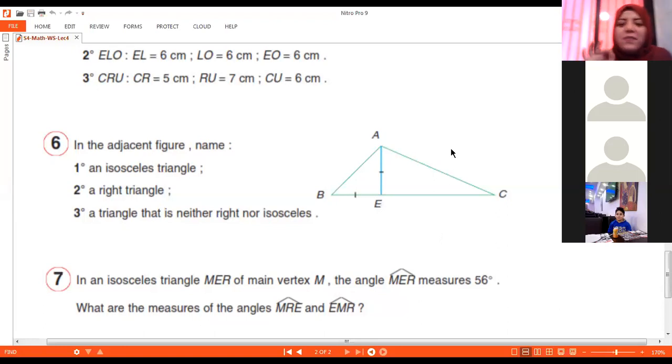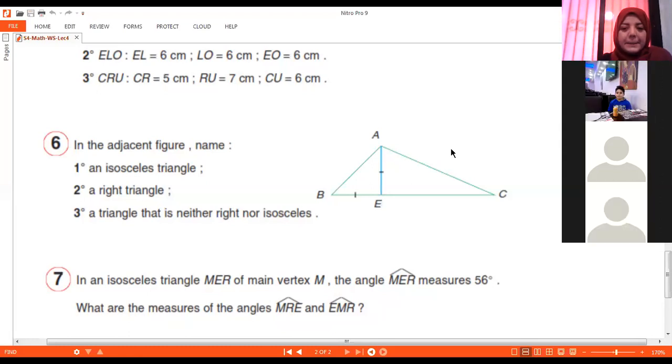So E is the main vertex because EA is equal to EB. Now, who can give me a triangle which is neither right nor isosceles? BAC. Very good. So it's very easy.